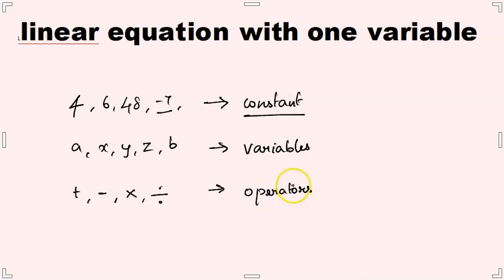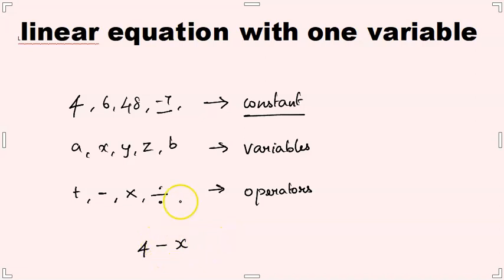So algebra is made up of only the constants, variables, and the operators. Simple as that. So now I'm going to build an expression using these three. For example, it is 4, right? So 4, I use an operator minus and x.